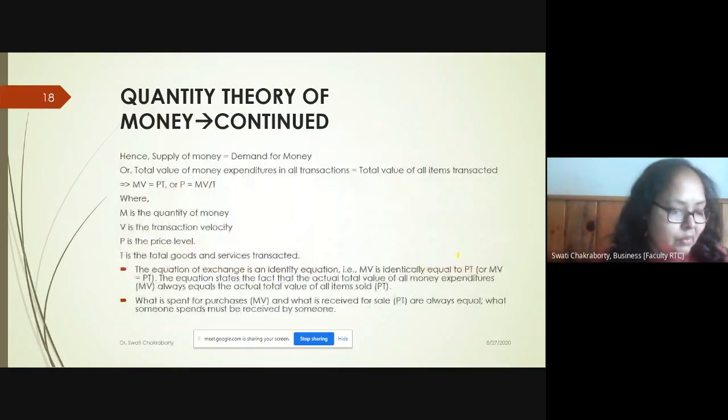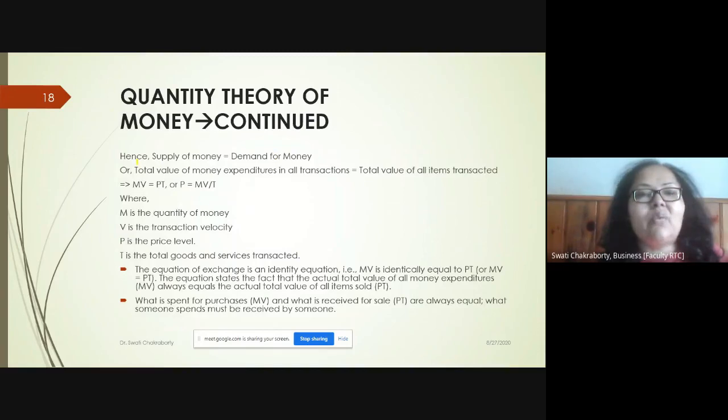Hence supply of money is equal to demand for money. Supply of money is also called the total value of money expenditures for all transactions. Demand for money is the total value of all items transacted. So MV equals PT.